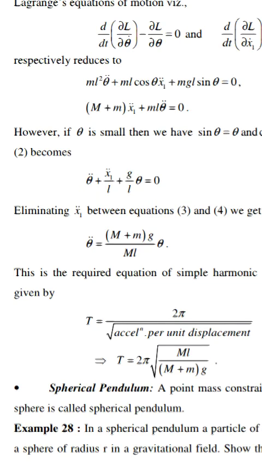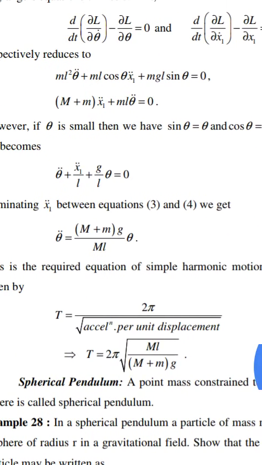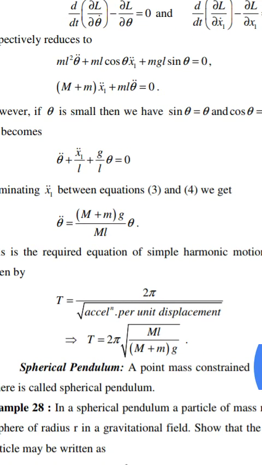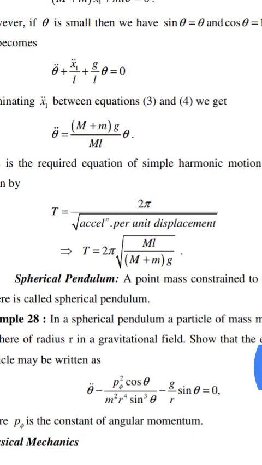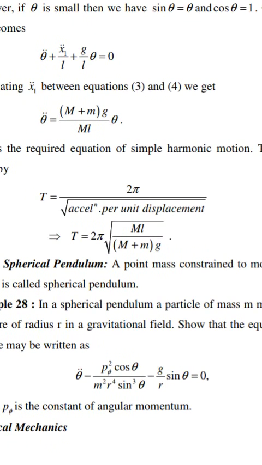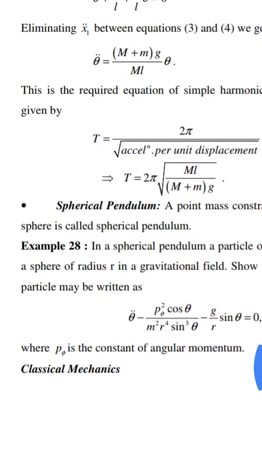Hence, if theta is very small, sin theta is equal to theta and cos theta is equal to 1. Therefore, θ̈ plus ẍ1 divided by l plus g by l theta is equal to 0. Eliminating ẍ1 between the equations, we get θ̈ is equal to minus (M plus m) g divided by M l times theta.